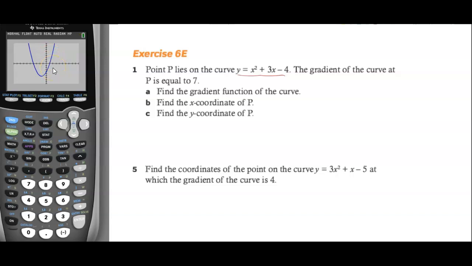I just wanted to draw this function so that we could talk about what this means. The point P lies on the curve. The gradient of the curve at P is equal to 7. Find the gradient function of the curve, find the x coordinate of P, find the y coordinate of P. So let's talk about what this means first. We have this very nice blue parabola.